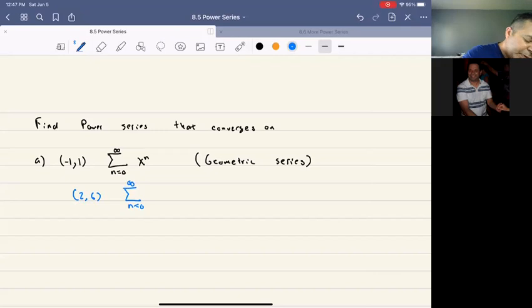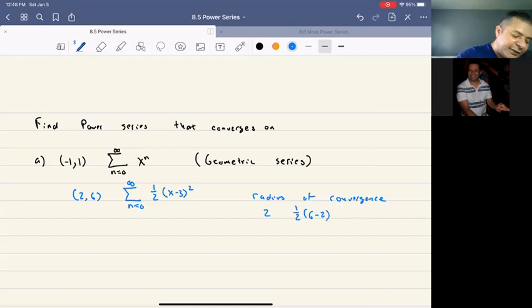What I'm going to do now is 1/2 (x minus 3) squared. The radius of convergence should be 2, one half of 6 minus 2.